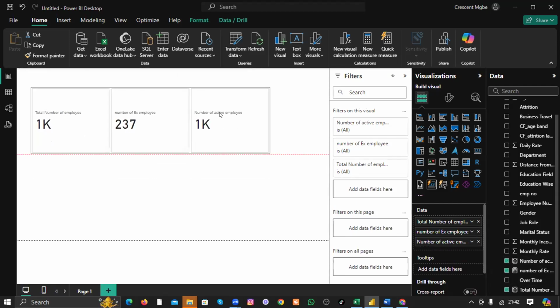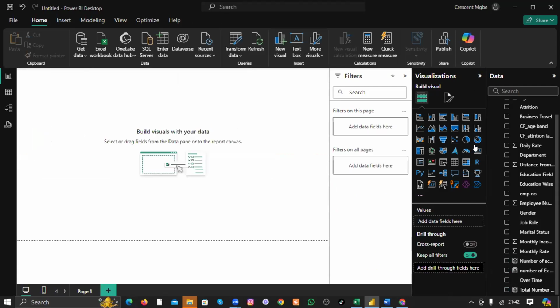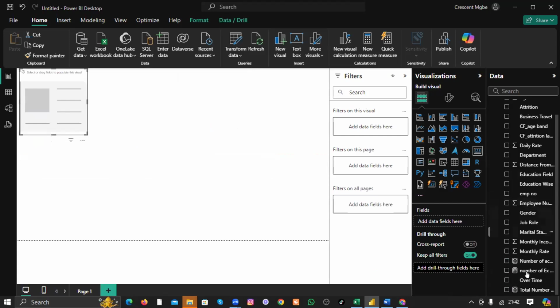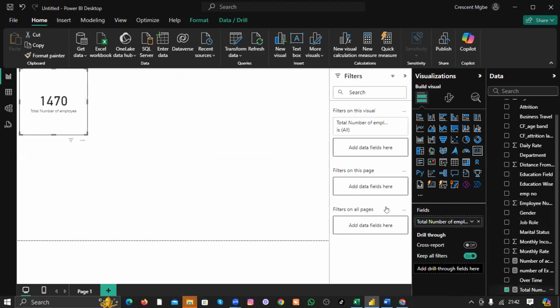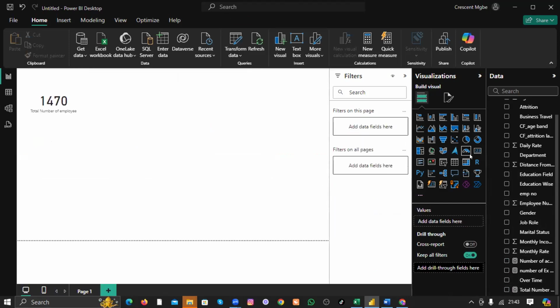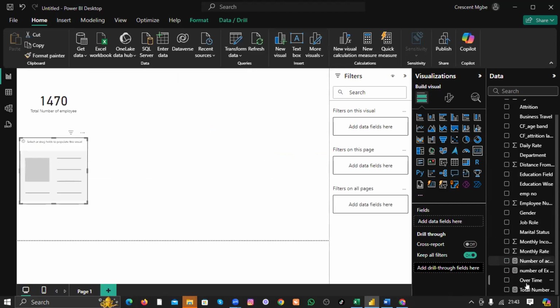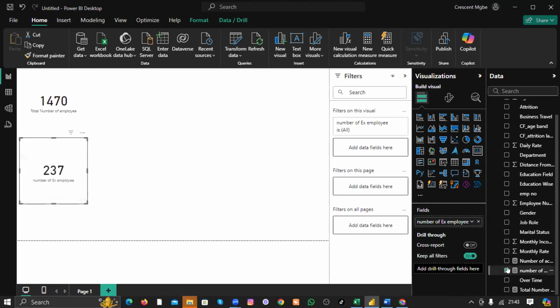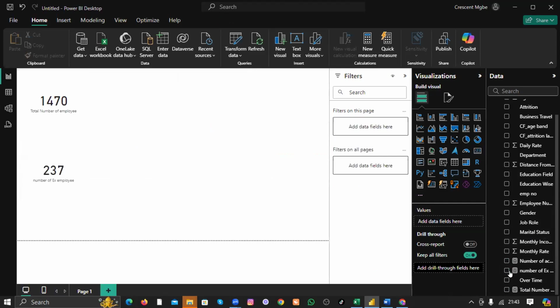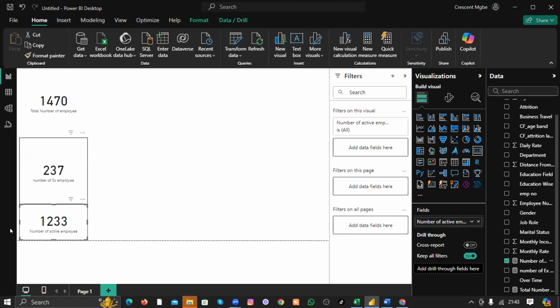This is approximating it. Let me use single card so that we can appreciate it. This one is the total number of employee. This one is total number of ex-employees, and this one is total number of active employees.